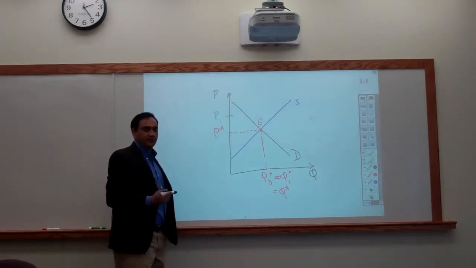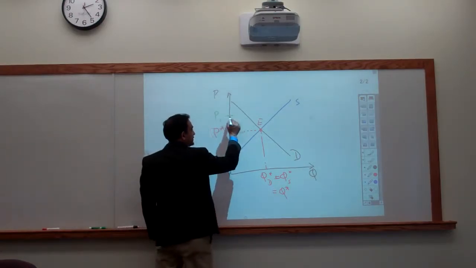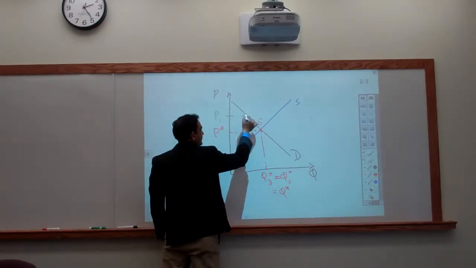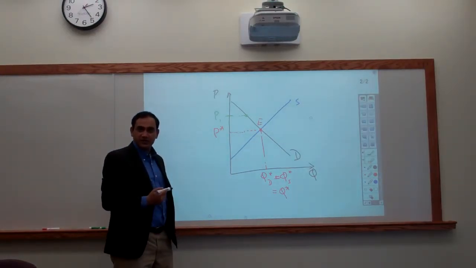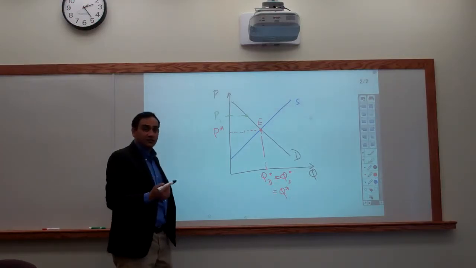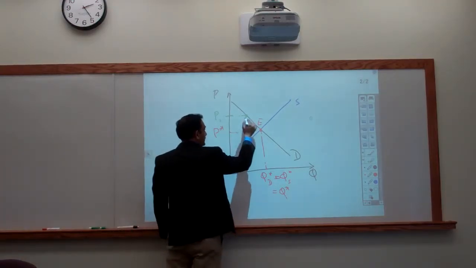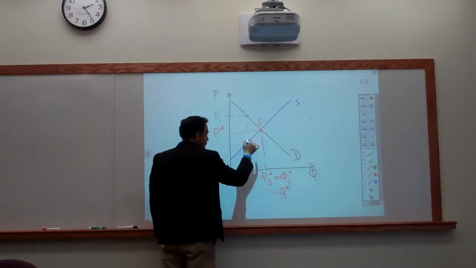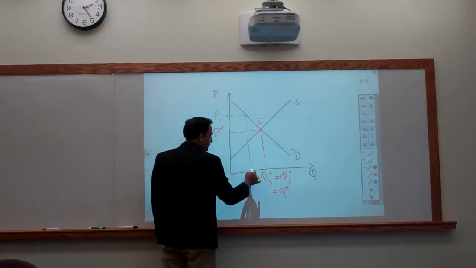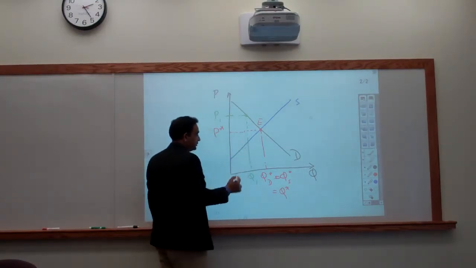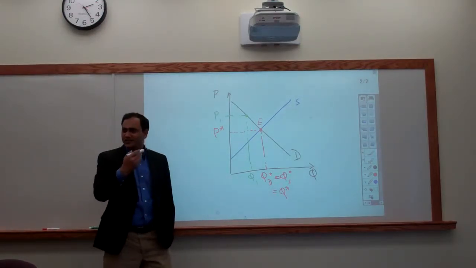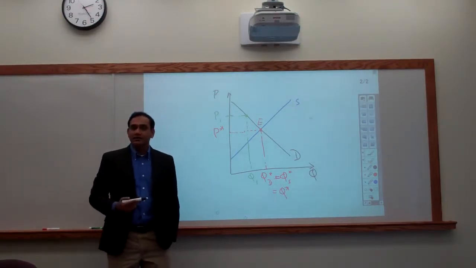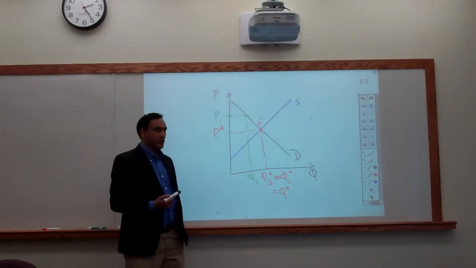So what will happen at that price? When price is P1, according to the demand curve, which is your willingness and ability to pay curve, how much you are willing to pay for this product, the consumers would demand only Q1 units of this good. Because the price is now higher, consumers would demand fewer units.